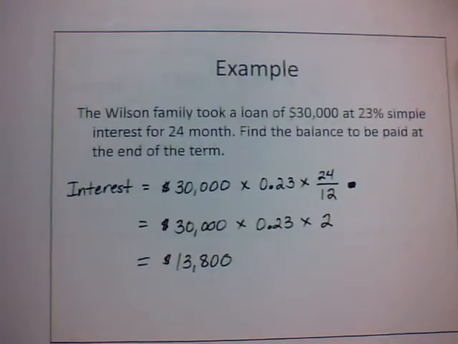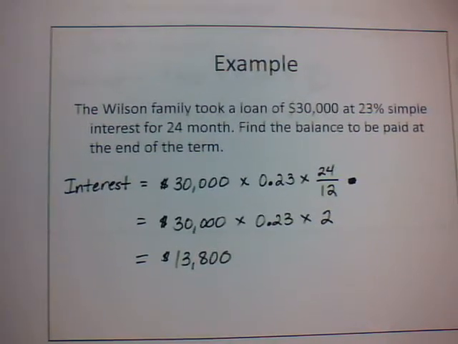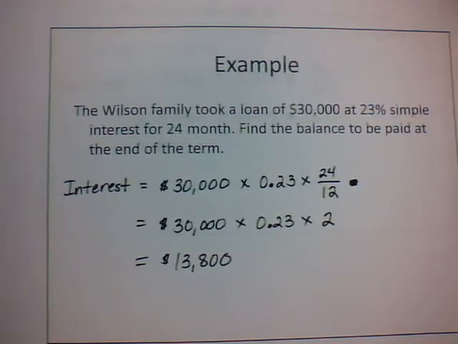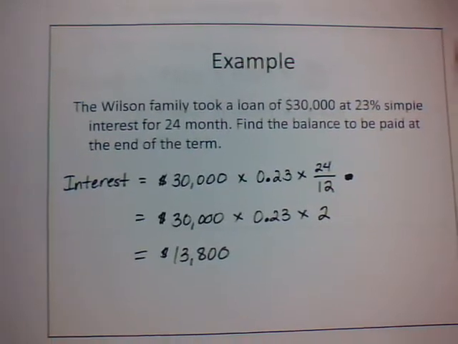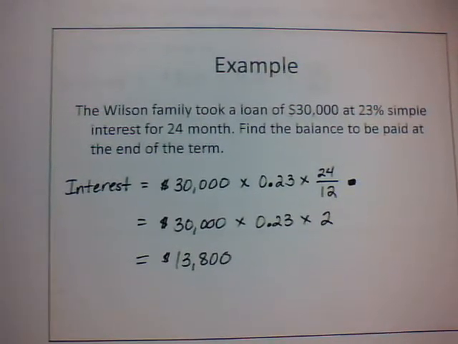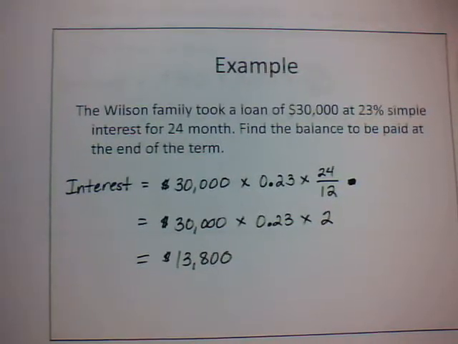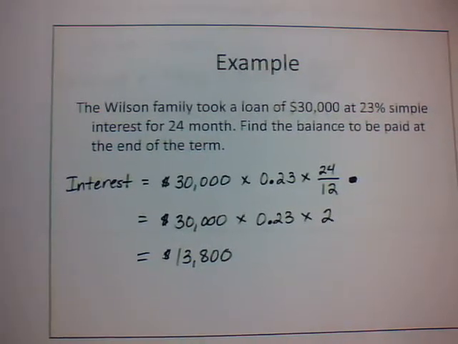Now since we're given months, we're going to have to take the number of months and divide that by 12. So it'll be 24 divided by 12, which will be 2. So now you have 2 times 0.23 times 30,000, and you'll end up with $13,800. So that's the amount of the interest that will have to be paid over the 24-month term.